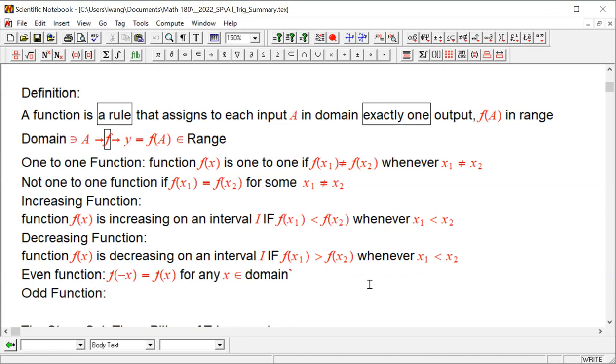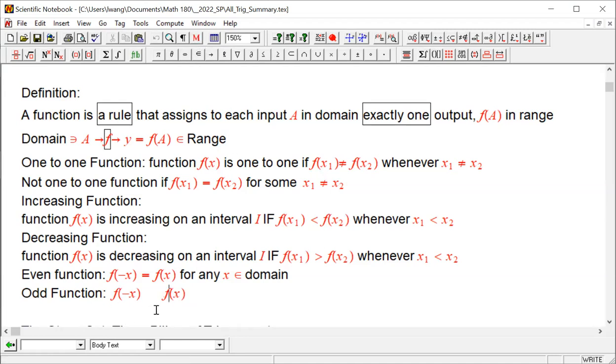For odd function, whenever the inputs are opposite, x and negative x are opposites, that's the opposite input, and their outputs will be opposite as well.